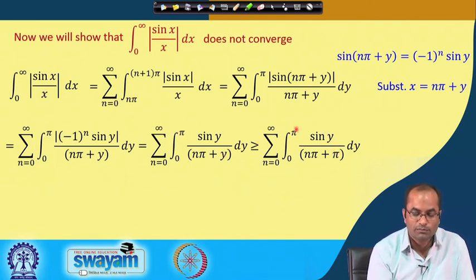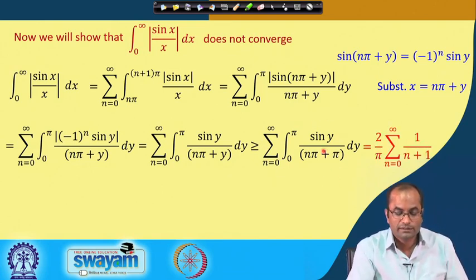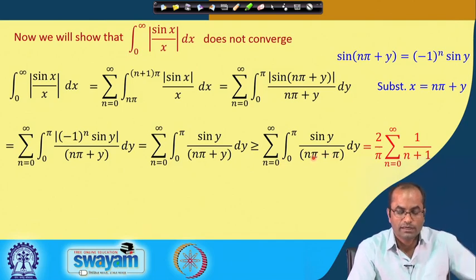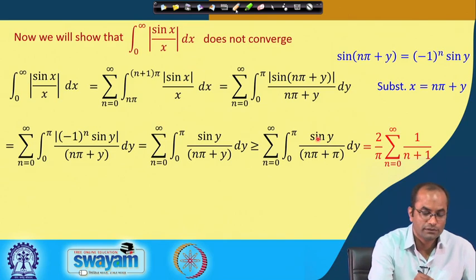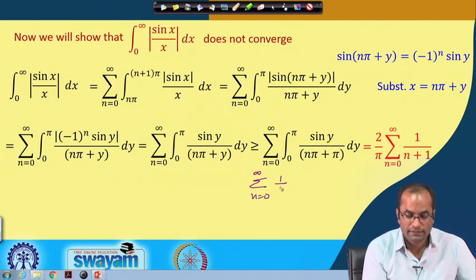So, this is a smaller integral, and because there is no y here, we can take this out. So, we have this π we can take out, and the integral also we can evaluate. So, we have this summation n goes 0 to infinity, and 1 over n will remain as it is.